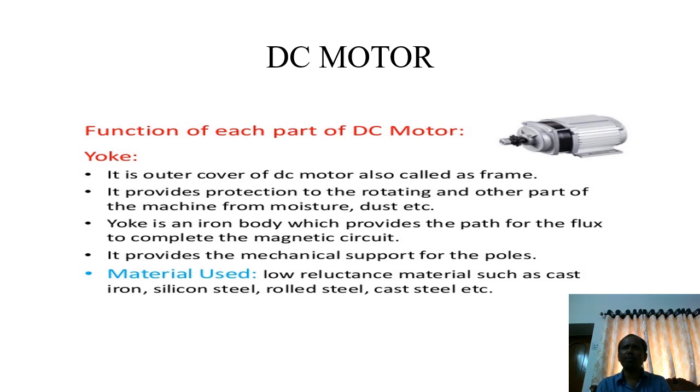Magnetic pole shoes, armature coil, shaft, armature winding, commutator, commutator segments, brushes, everything we are going to discuss in this period, along with their importance. So all of you carefully note these few points. Function of each part of a DC motor.